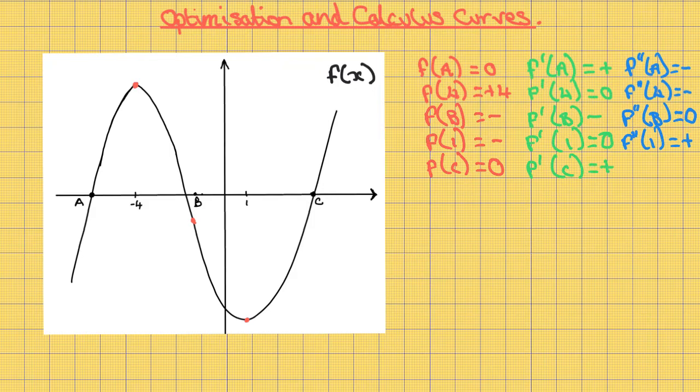And f double dash of c, it is still part of a positive concavity, so f double dash of c is positive. Hopefully now you'll be able to describe the difference between f of x, f dash of x, and f double dash of x as you go around the curve f of x.